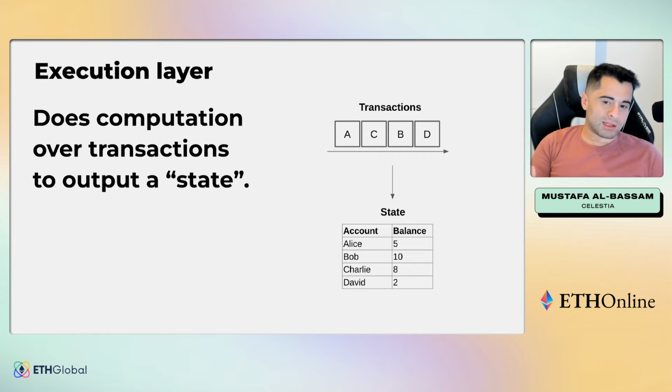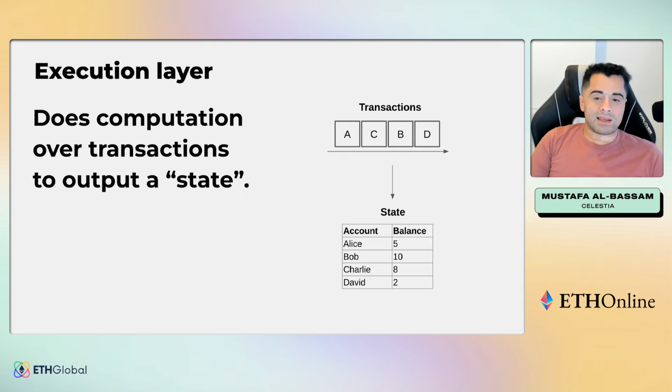And then on top of that, you have the execution layer, which uses the base layer below it, which provides consensus and data availability. What the execution layer does is it takes in those arbitrary messages that have been ordered and published, and then does some kind of computation on top of it to output a state.